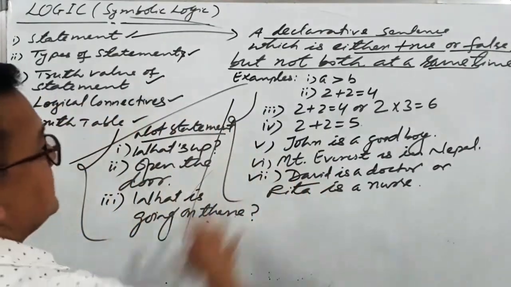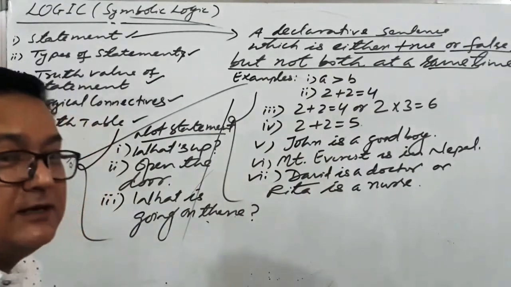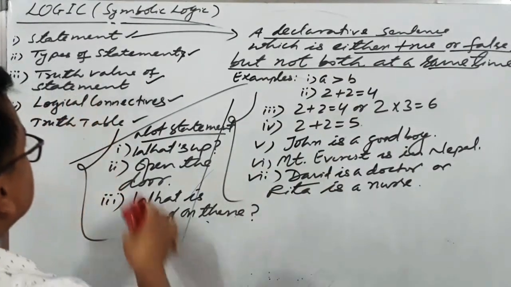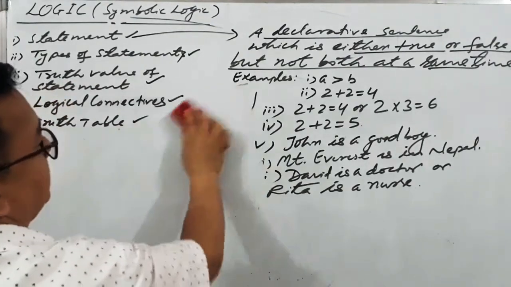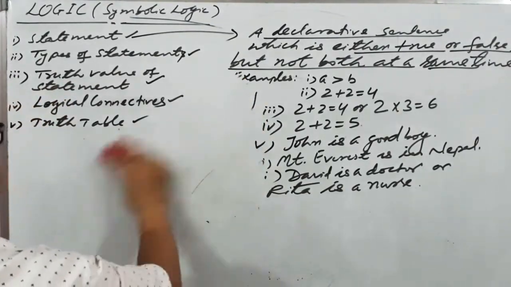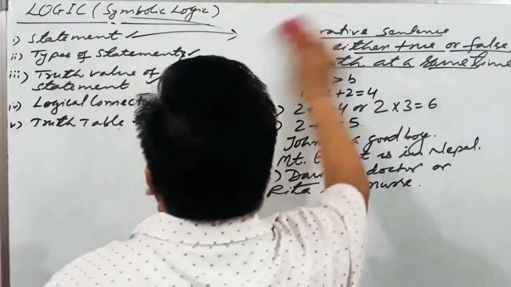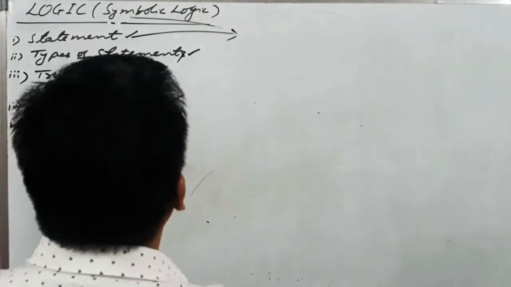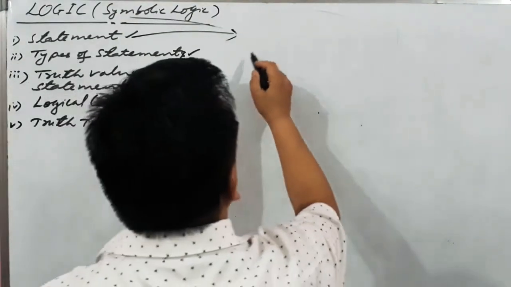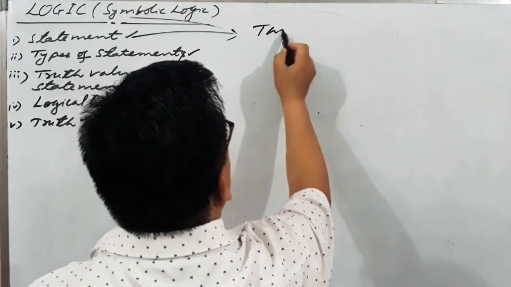Now I'm going to erase all these things because I don't have space. Types of statements. We have two types.